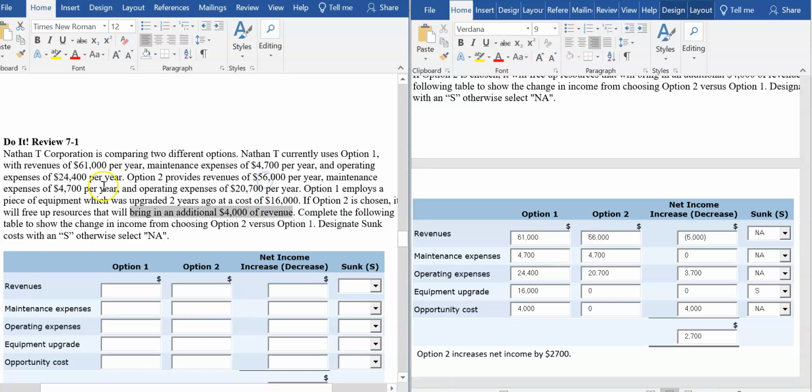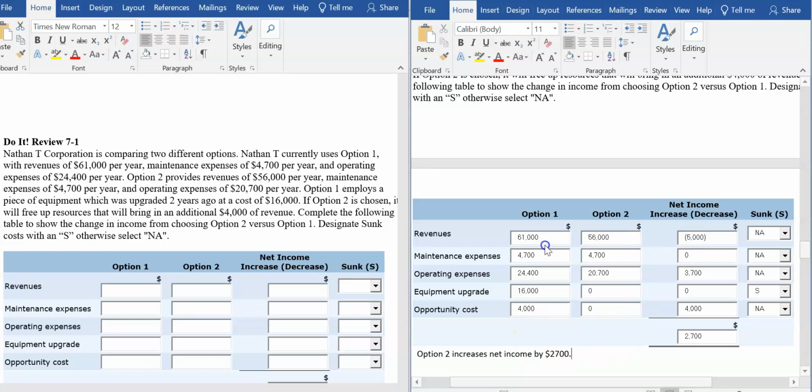Option two, if it is chosen, brings in revenues of $56,000 per year, maintenance expenses of $4,700, and operating expenses of $20,700. We will not have the opportunity cost because we will actually have those revenues. So we don't have to have any opportunity cost in this one.